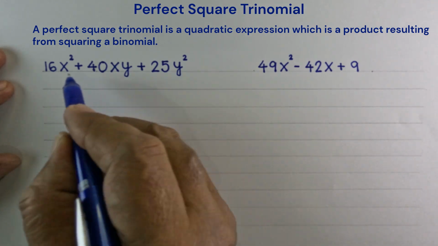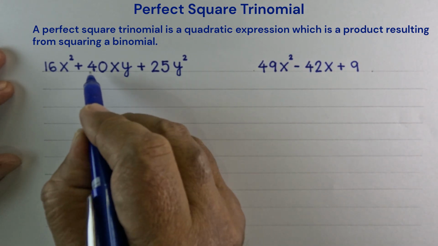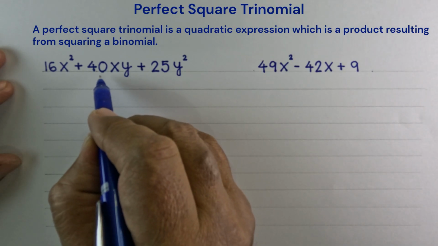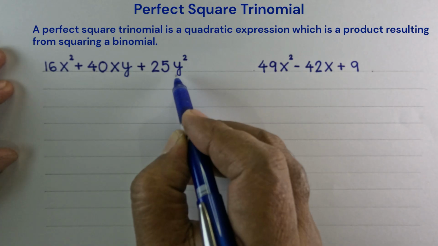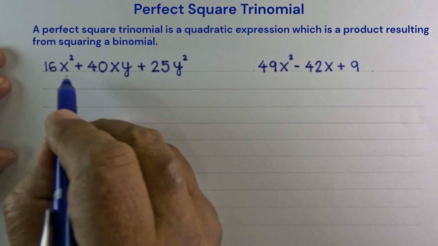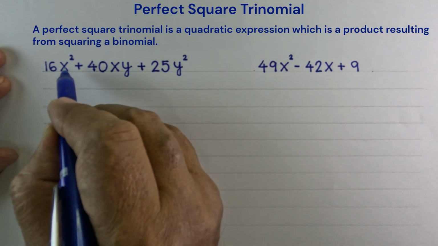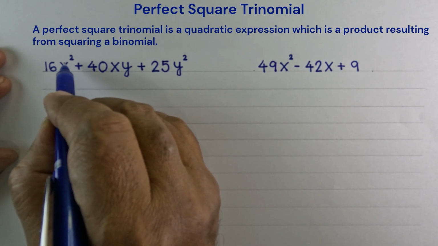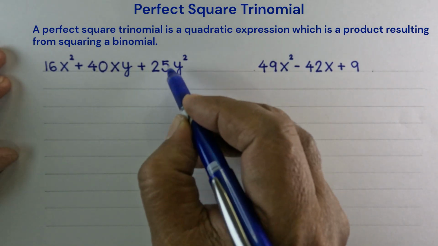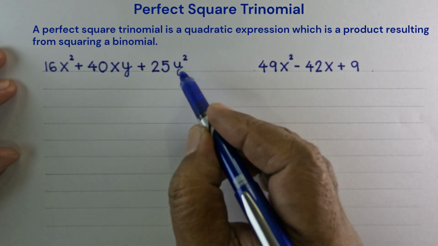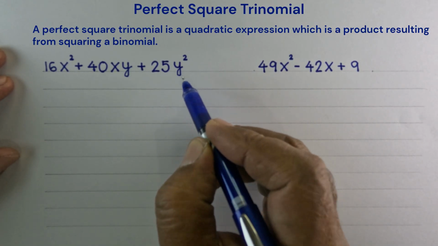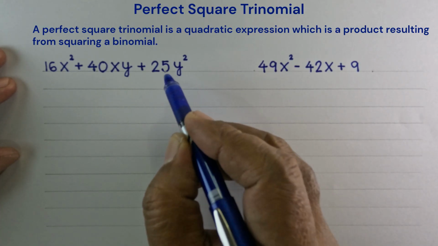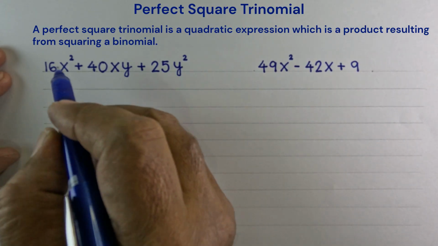So let's consider this: 16x squared plus 40xy plus 25y squared. Now, this is quadratic in the variables x and y. How do we know if it is a perfect square trinomial? There are three conditions.